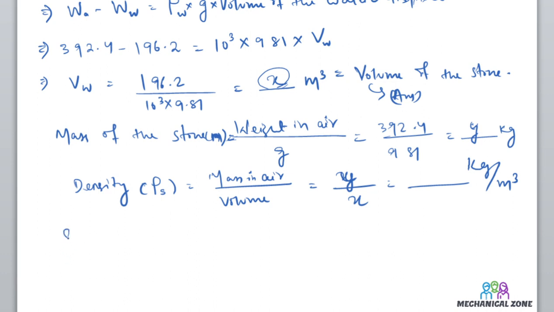Then the specific gravity of the stone. Why do I never do the calculation part in my discussion? Because if I do the calculation part, the things will be easier.